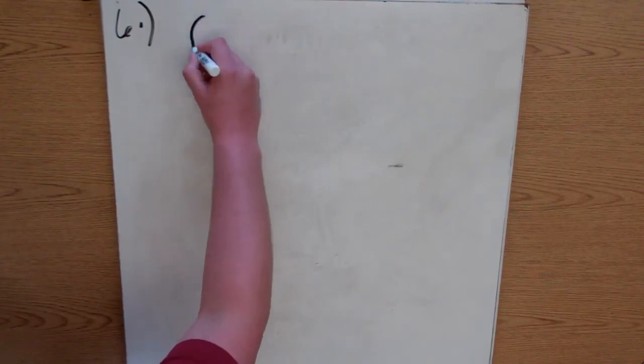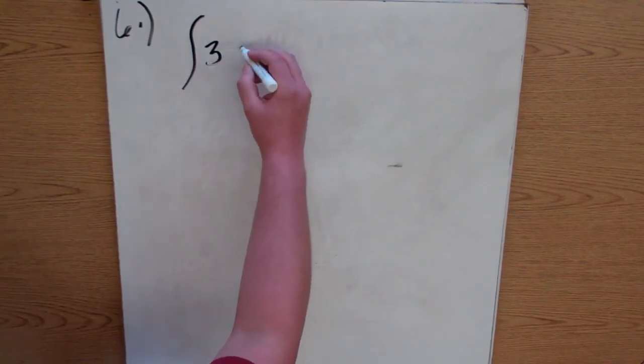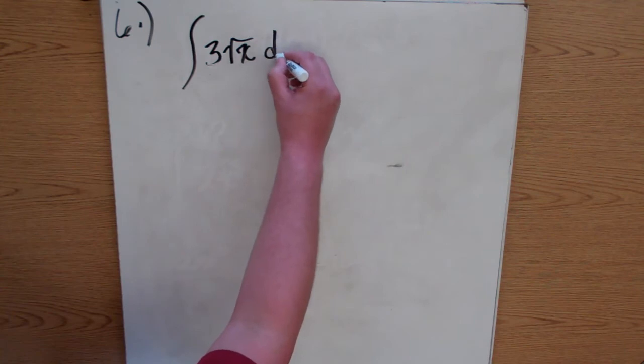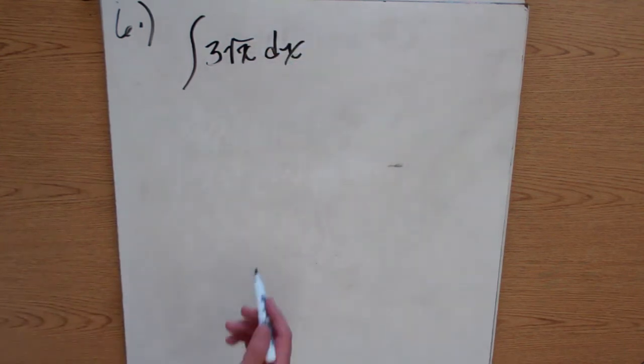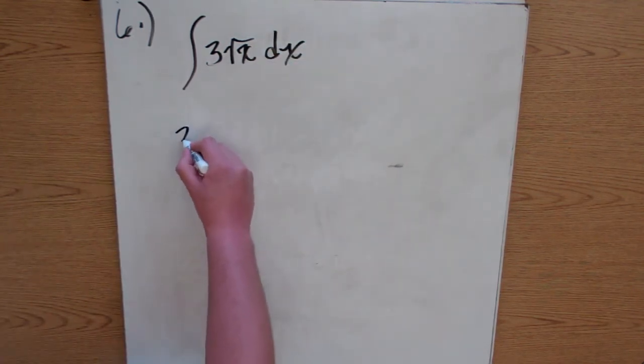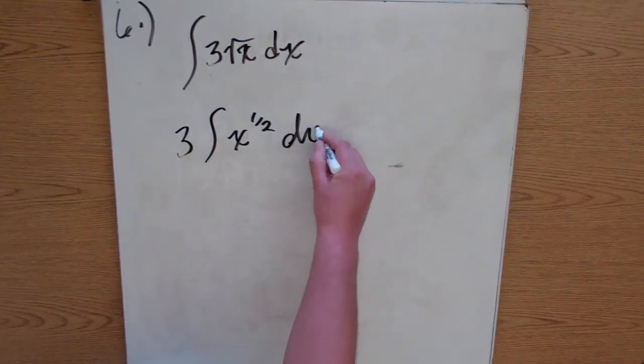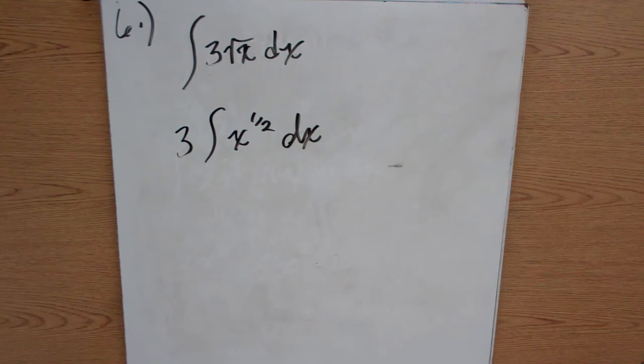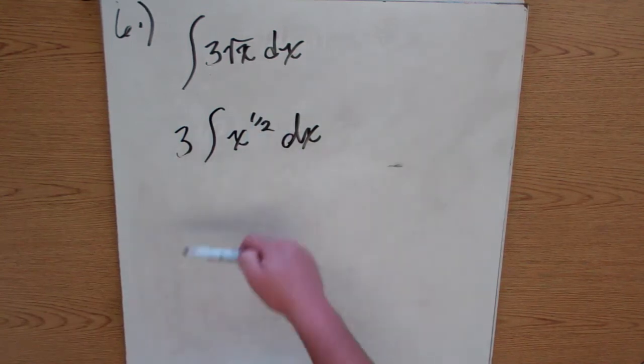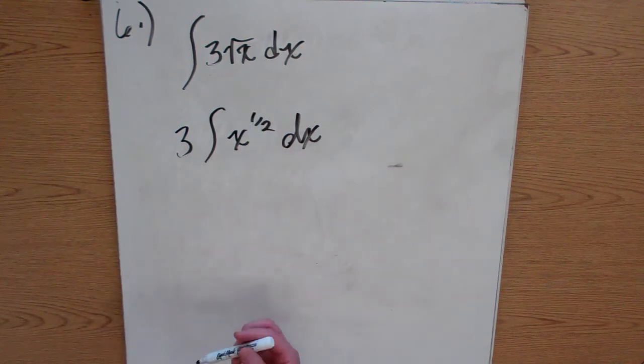Number 6 says, evaluate the integral of 3 times square root of x dx. Again, that constant can be pulled out. So it's 3 times the integral of x to the 1/2. I always recommend, in fact you really have to, taking square roots or any kind of radicals and converting them into fractional exponents.